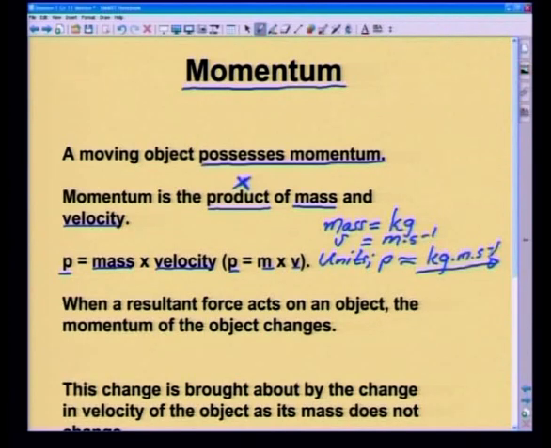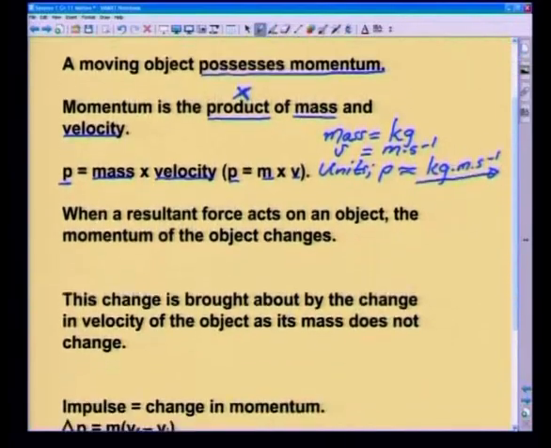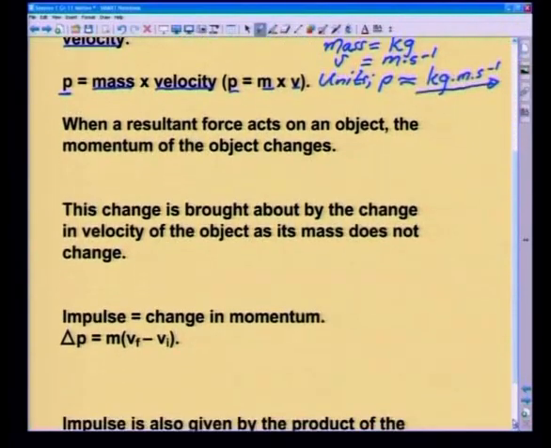Now, earlier on we said that when a resultant force acts on an object, the momentum of the object will change. What do we mean by this? If an object is stationary, not moving, allow me to make use of my water bottle here. If this object is stationary, we know that momentum is mass times velocity.